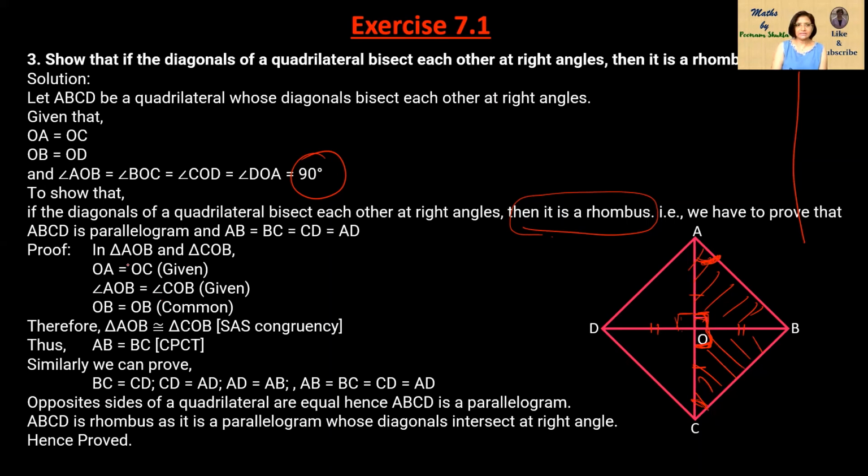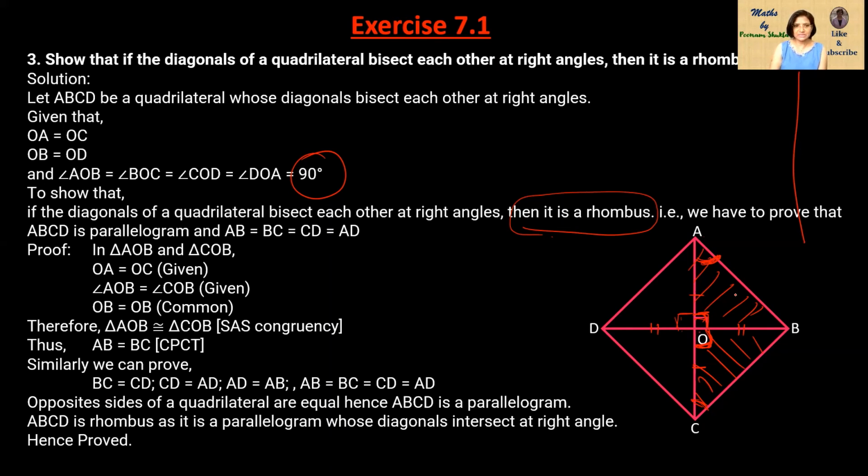And then AO equals OC, because the diagonals are bisecting each other. So we can say triangle AOB and triangle COB are congruent by the SAS congruency rule.